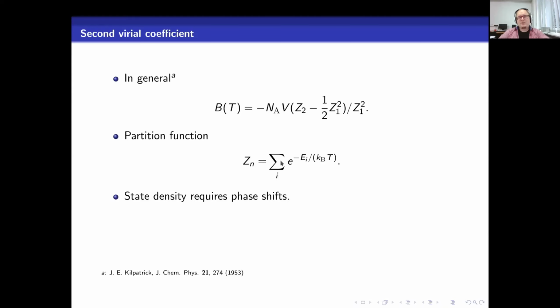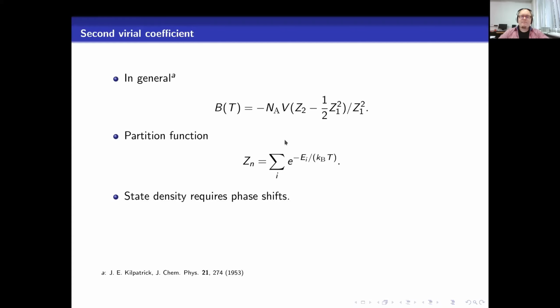It's basically a sum over states, but for the bound states, it's quite simple, especially for helium, which for helium-4 has only one very weakly bound state, and for helium-3 there are no bound states.